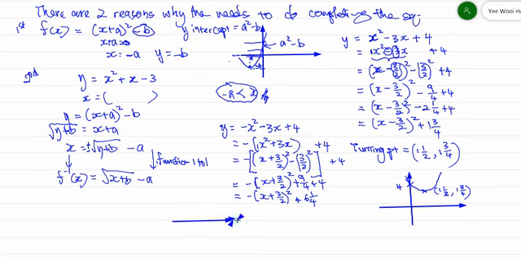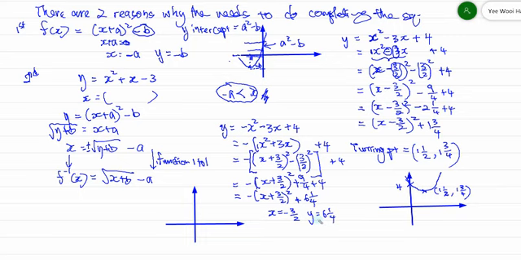So same thing. The x coordinate will be x plus 3 over 2 equal to 0, so x becomes minus 3 over 2, and then your y coordinate of the maximum point is 6 and 1/4.